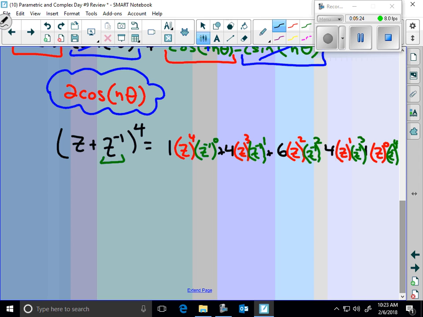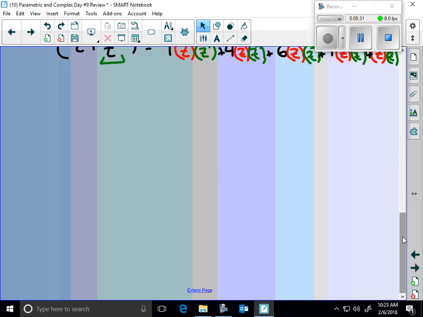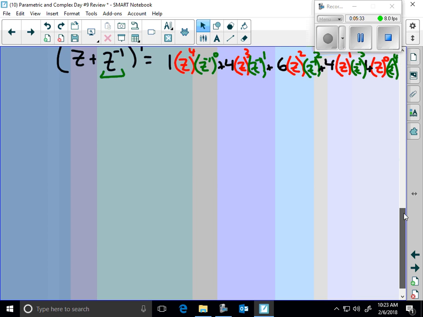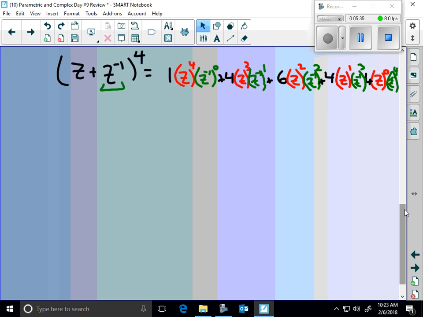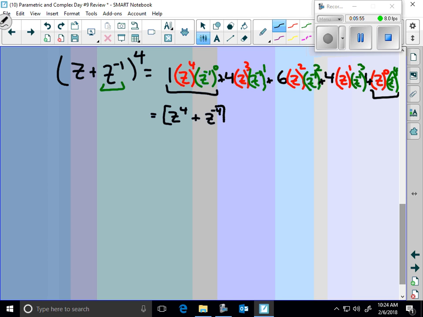Let's combine and clean this thing up a little bit. What does this first term become? z to the 4th. What is this one going to become? z to the negative 4th, or 1 over z to the 4th. I'm going to write it as z to the negative 4th, and I'm going to group those, and you'll see in a moment why.